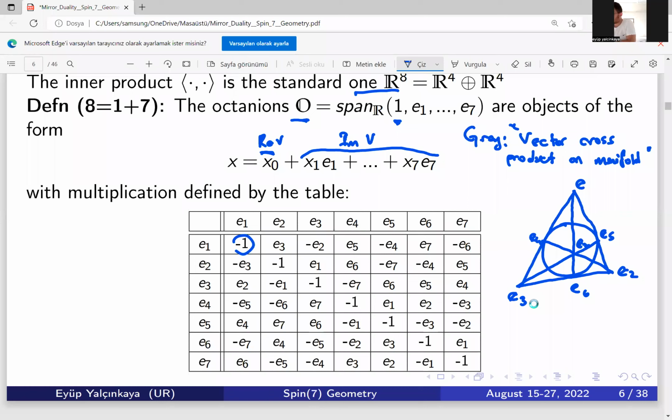From here, e1 times e2 is going to be e3, and e3 times e1. We can check to put the correct order, but more or less these triangles give us the correct multiplication. If you remember from the quaternions directly, you can see, but we have four more basis elements.